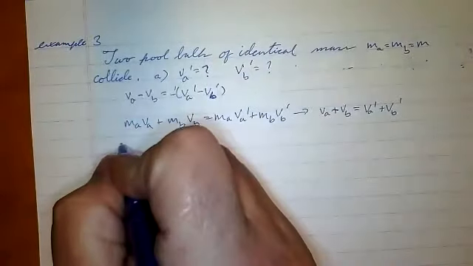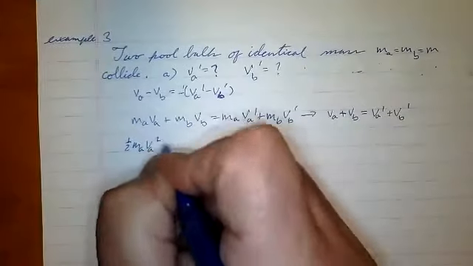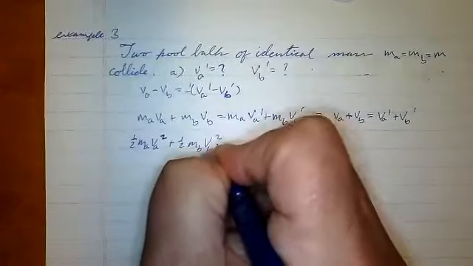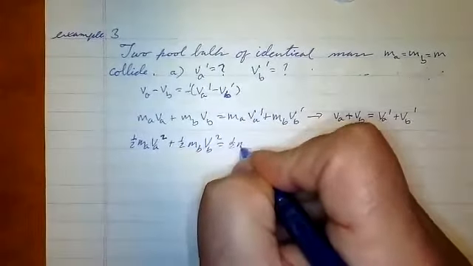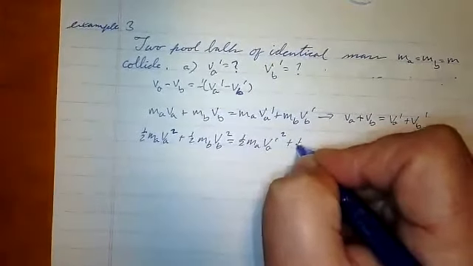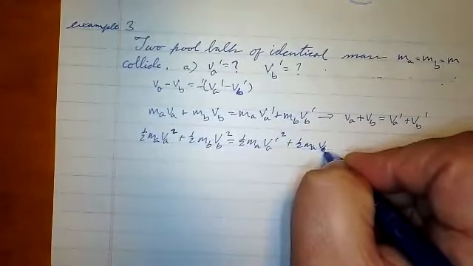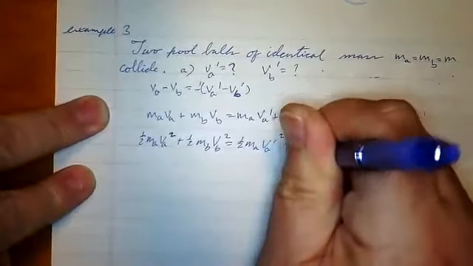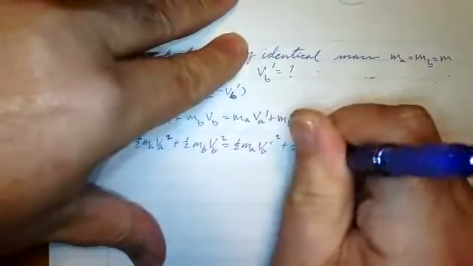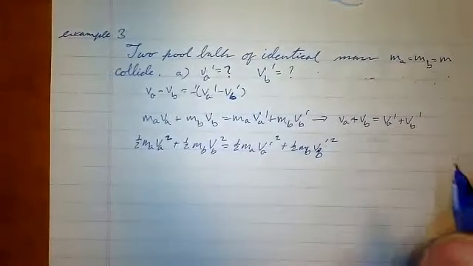We can also use the kinetic energy, which was 1/2 MA-VA squared plus 1/2 MB-VB squared is equal to 1/2 MA-VA prime squared plus 1/2 MB-VB prime squared.